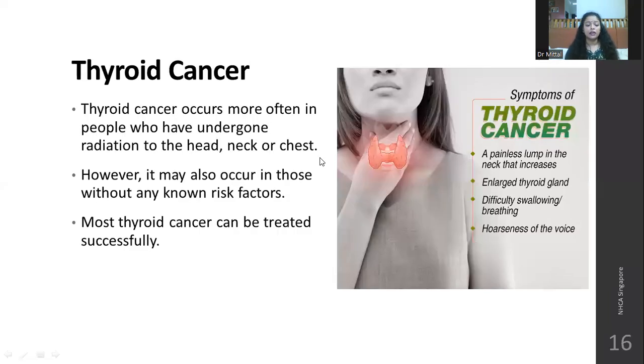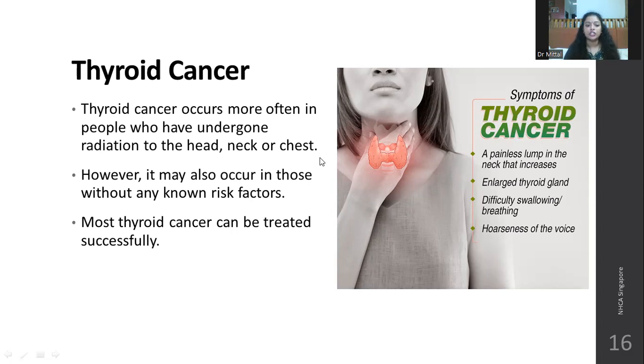Thyroid cancer occurs more often in people who have undergone radiation to the head, neck, or chest. For example, smokers who have undergone oral removal of the jaw, or had some other form of cancer, a brain tumor, or an upper lung tumor.